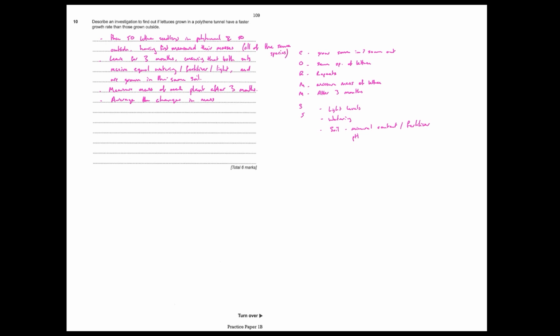That will get us our O marks. R mark, we've talked about the repeats because we've got 50 in each. The M marks, we've measured the mass before, we've measured the mass after, and we've stated the time period, so 3 months. And then my S marks in there, I've dealt with in my second bullet point. Okay, so I've got my notes for my CORMS answer. I've written that out as an actual method, and then I've gone back to my CORMS notes to make sure that I've ticked off every point that I've made.